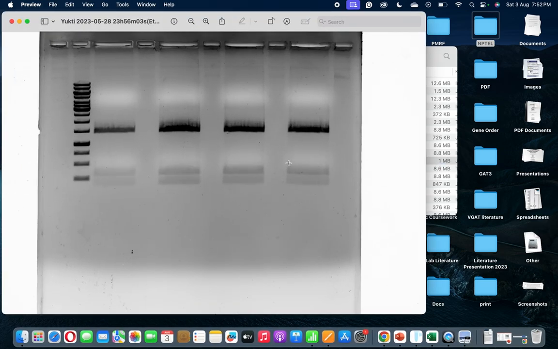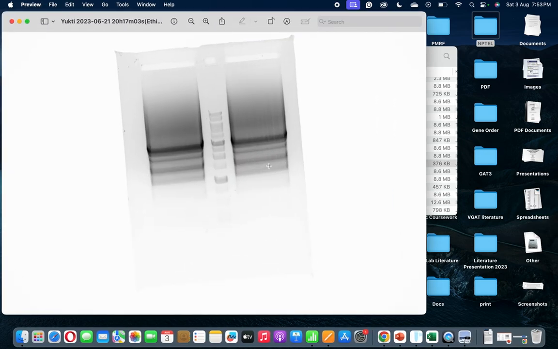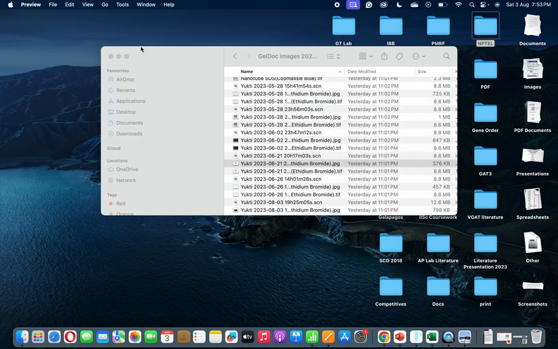This was my SDS example where there's not enough protein, so you can't see any bands. You can see the ladder, but you can't see any of the bands. Here you can see some smearing. There must have been some particulate matter in the sample itself, which caused the smearing. Here this is a PCR product which hasn't amplified properly, which is why instead of getting a sharp band, we're getting this full smear in both the wells.